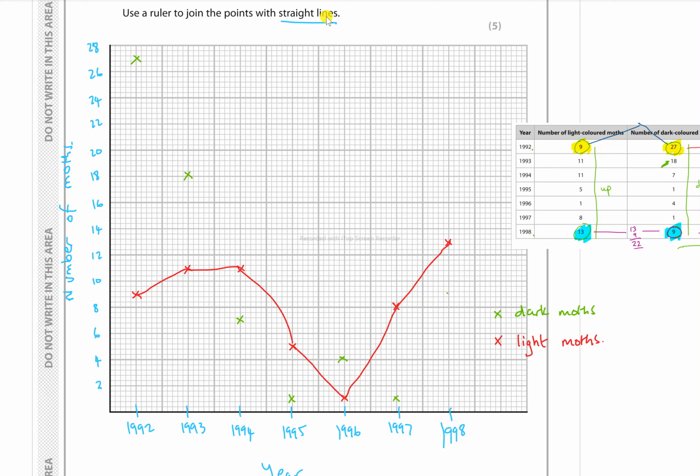That's 10, so that'll be 9. We use a ruler. Right, there you go.